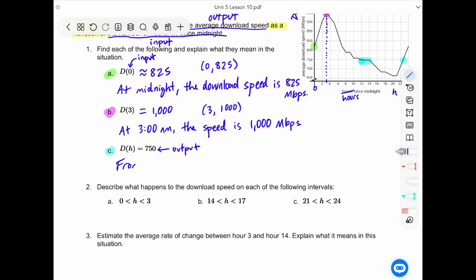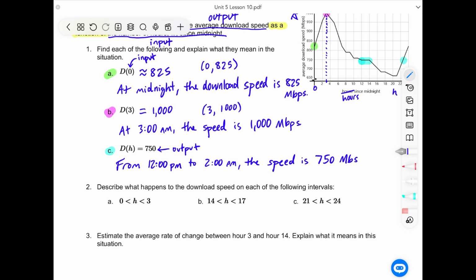So it looks like from 12 hours since midnight, that would be 12 in the afternoon, or 12 noon technically. So 12 p.m. to 2 hours after that, 2 p.m. 14 hours since midnight is technically 2 p.m. From 12 to 2 p.m., the speed is 750 megabytes per second.